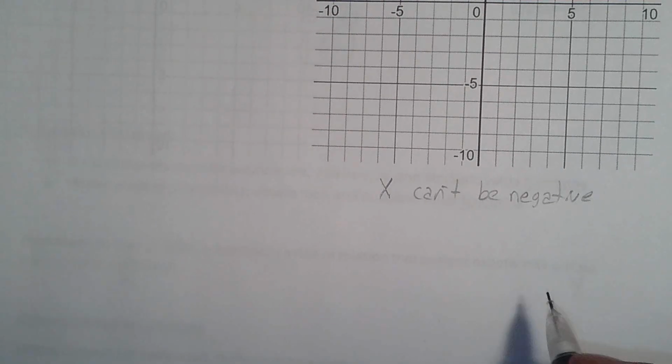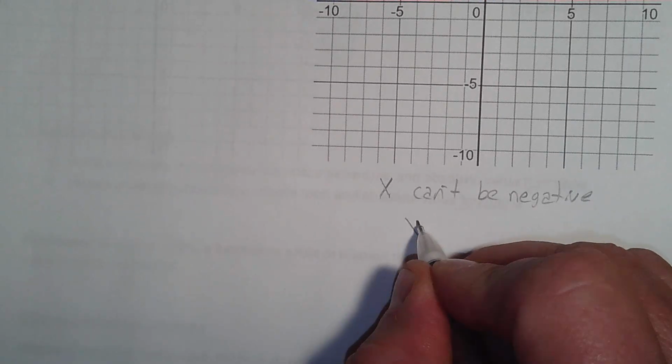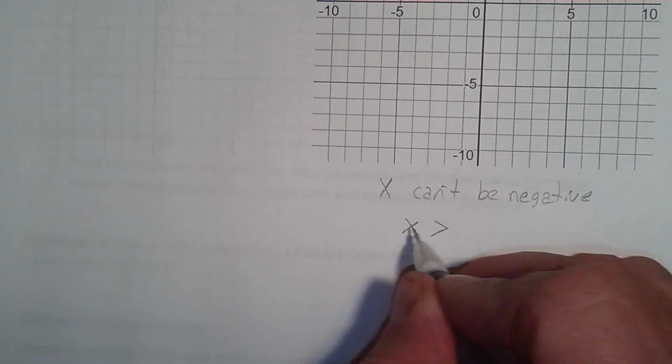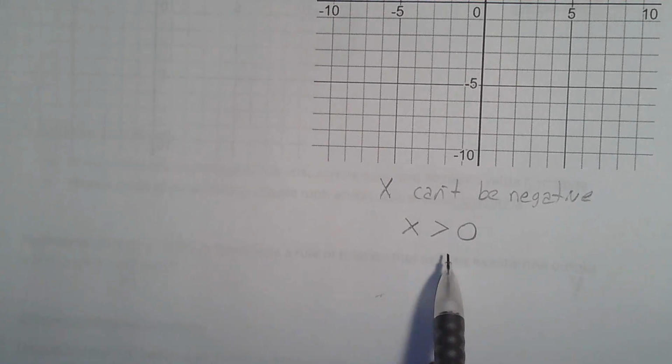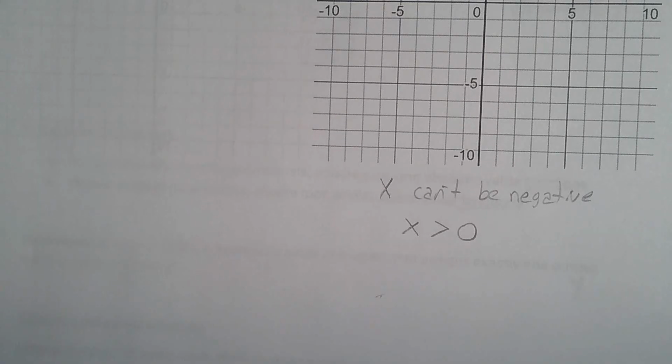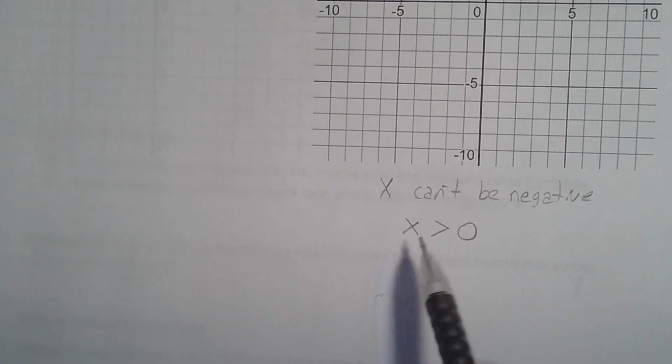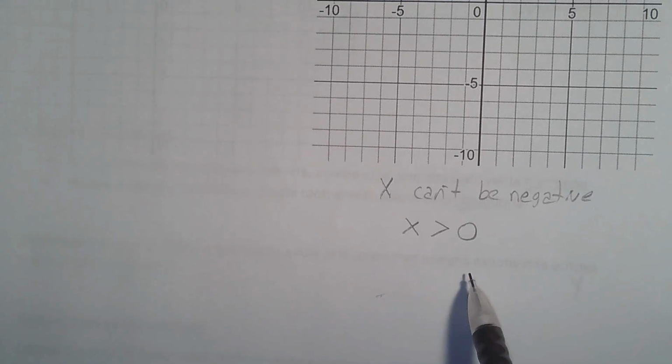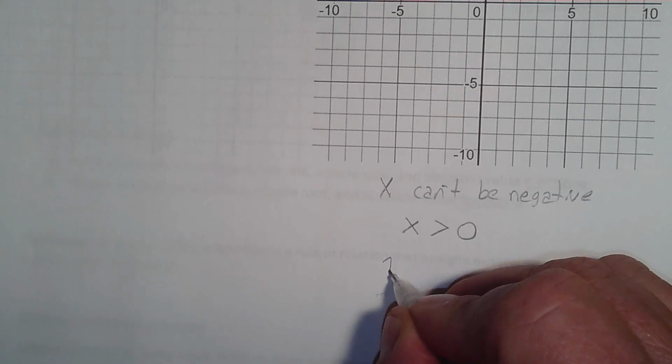Well, what's another way we could say that? We could say x has to be greater than 0. So saying greater than 0, we're saying x can only be positive. But what mathematicians wound up doing is coming up with what they call an absolute value.